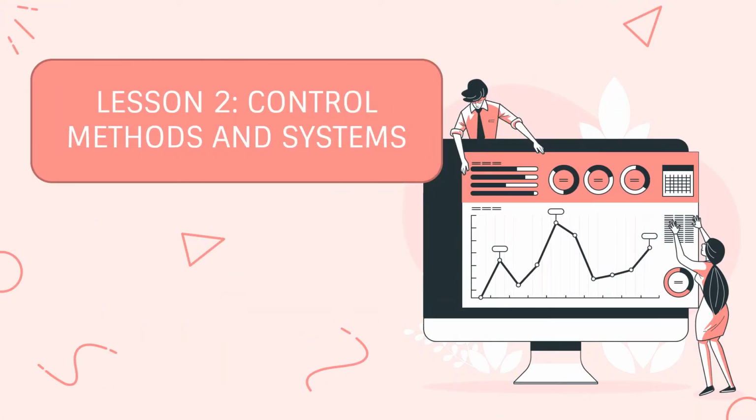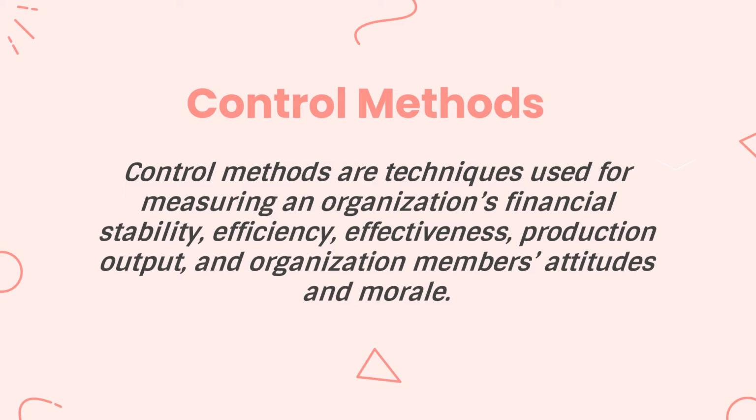Next lesson is all about control methods and systems. Control methods are techniques used for measuring an organization's financial stability, efficiency, effectiveness, production output, and organization members' attitude and morale.